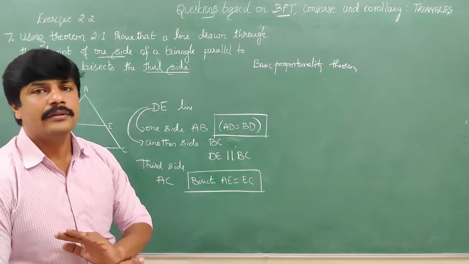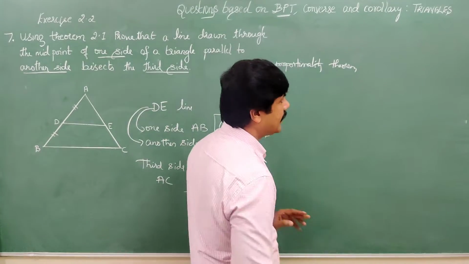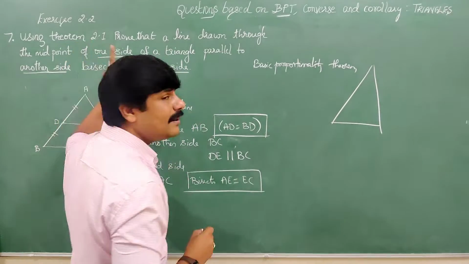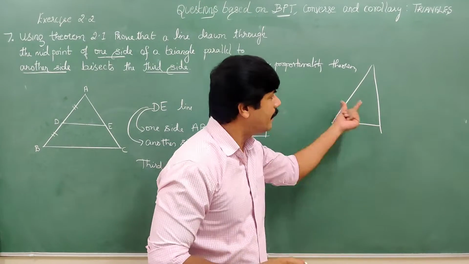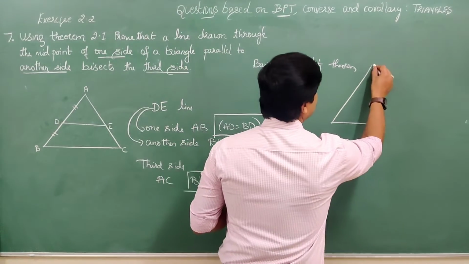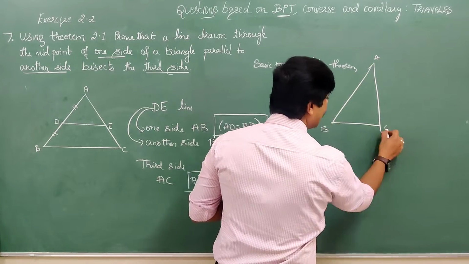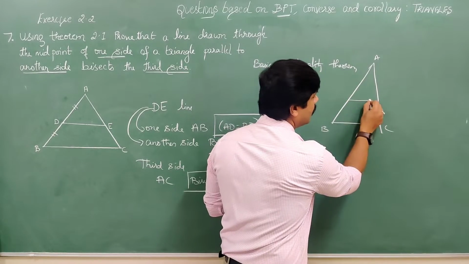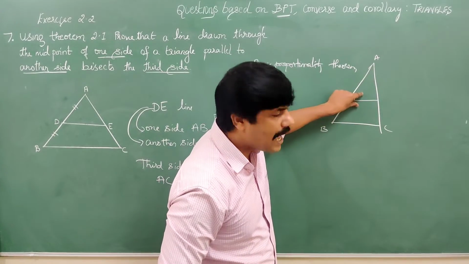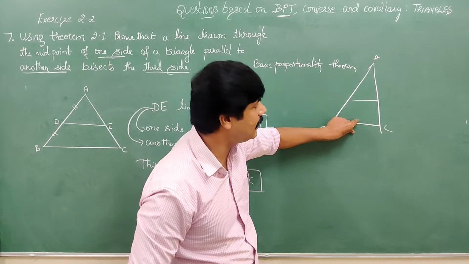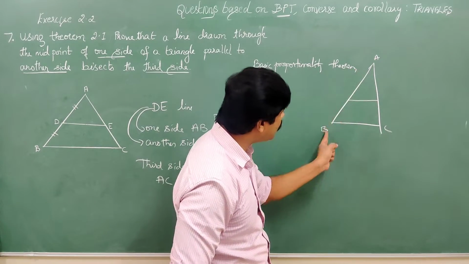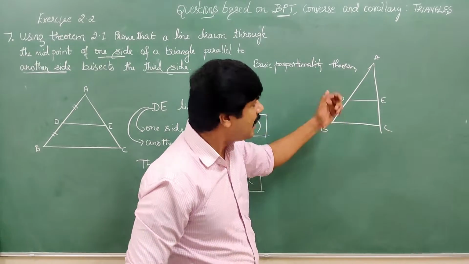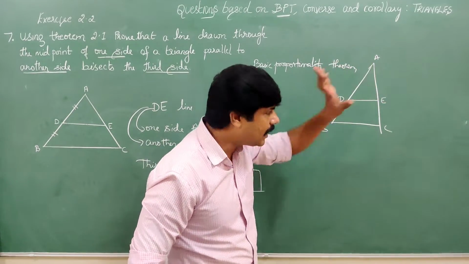Before this, we should have the knowledge of what the basic proportionality theorem is, because it is said using the basic proportionality theorem, 2.1. Think this is triangle ABC. The basic proportionality theorem states that a line drawn parallel to a side of a triangle to intersect the other two sides at distinct points D and E divides the other two sides in the same ratio.